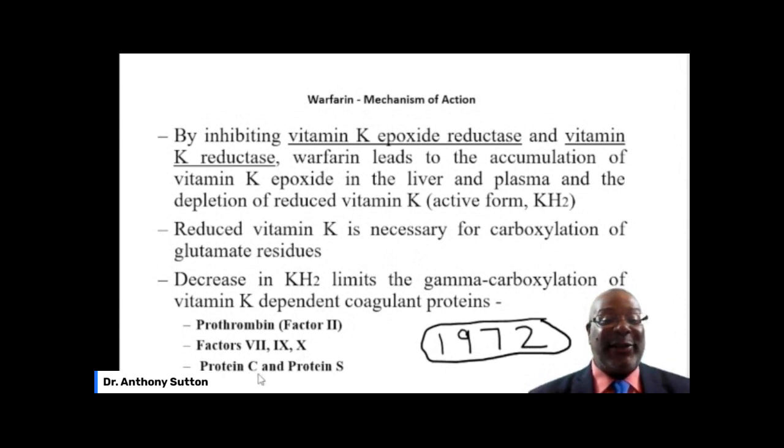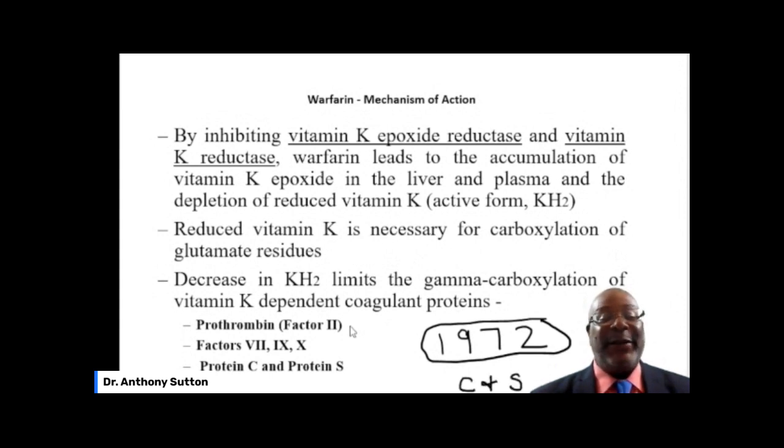The additional factors for vitamin K are protein C and S. Just remember, these are vitamin K dependent factors. What happens if warfarin inhibits vitamin K epoxide reductase? What happens to these factors? If you said reduced, you're absolutely correct. So remember that also for the exam.